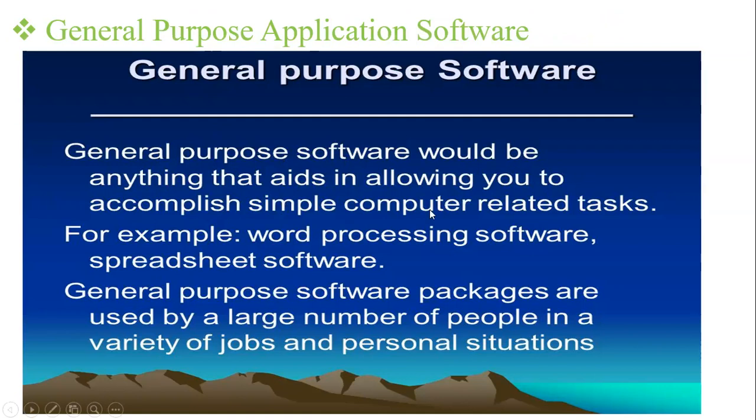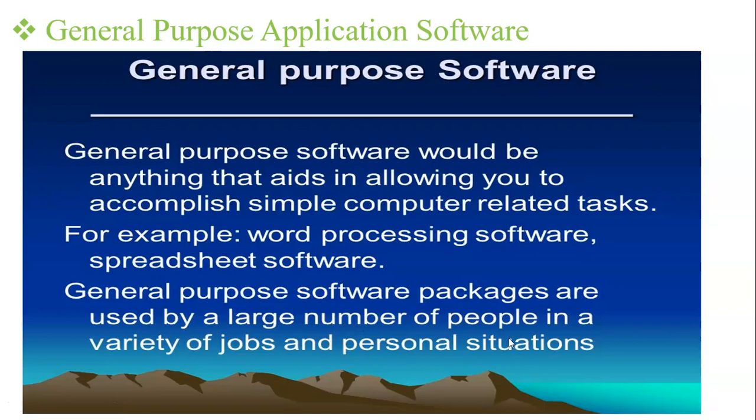Here you can see, general purpose software would be anything that aids in allowing you to accomplish simple computer related tasks. For example, word processing software, spreadsheet software. General purpose software is a package used by a large number of people in a variety of jobs or in personal situations.